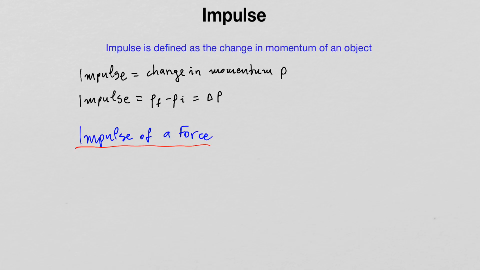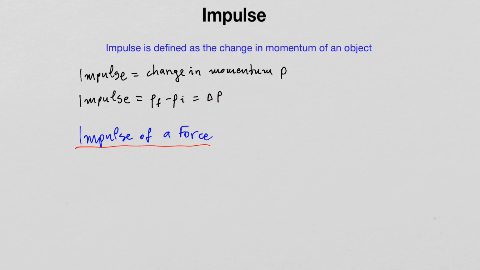So then that means that not only it's important to know how much force is applied to the object, but also for how long was the force applied on this object. And so the combination of the amount of force and the time of application determine the impulse that was responsible for the change in momentum, delta p.